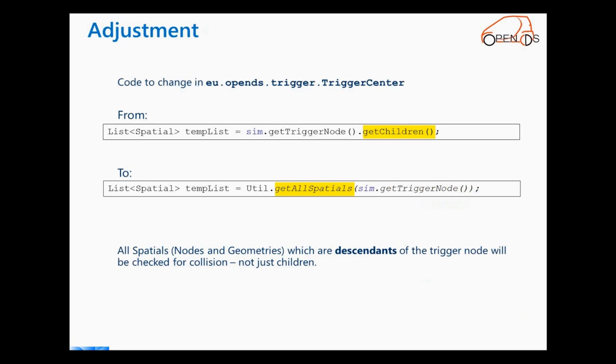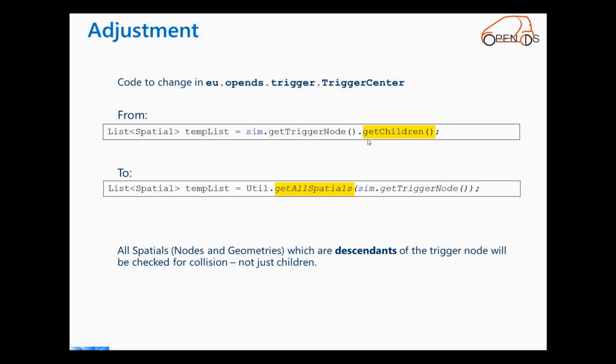And this could be done in the trigger center. So you will have to go to your OpenDS implementation, to package eu.opends.trigger. There's a class called TriggerCenter where you will find the following. It's around line 90. We ask the trigger node for a list of its children in the current state.